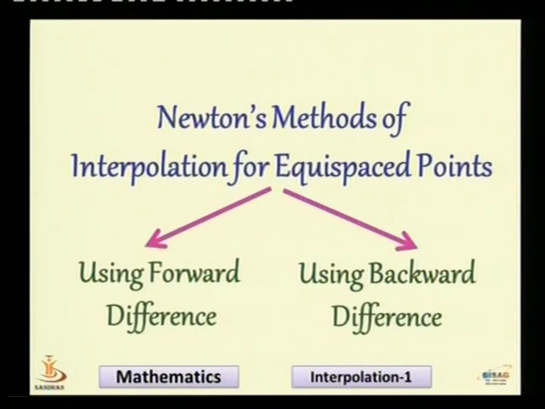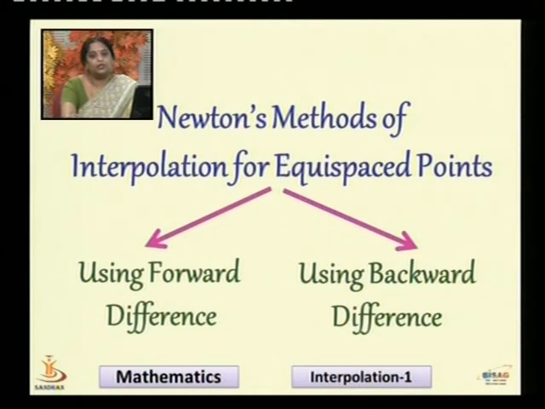If we make use of forward differences, then that method would be called Newton's forward difference interpolation method. And if we make use of backward differences, the method would be called Newton's backward interpolation method. Now, when shall we use Newton's forward or Newton's backward interpolation method?